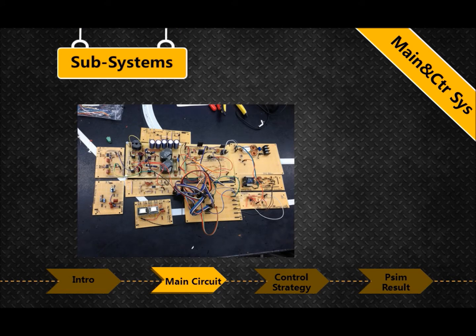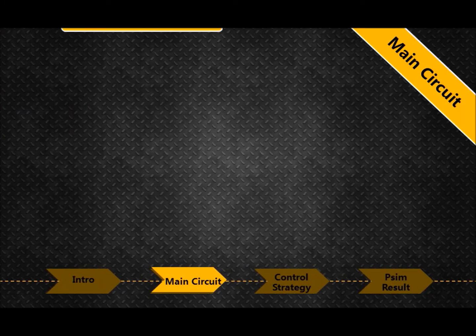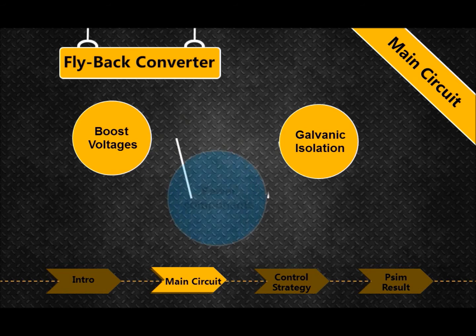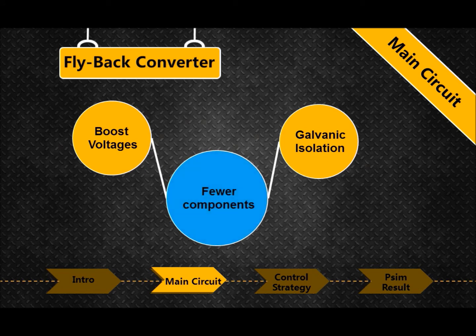Here you can see an overview of our whole system. Basically, we use several Radio Shack boards to build our homemade PCB board. At the very beginning, we kept the option open to choose different strategies.